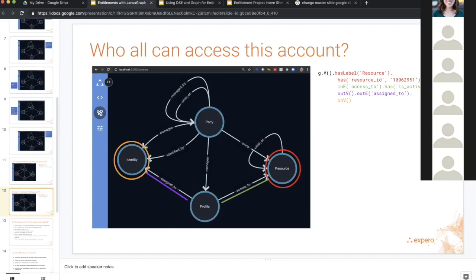So it's important to be able to slice and dice and look through your graph at all these relationships and quickly determine not only transactionally what you have access to, but also from an analytics perspective, what people have access to what resources, and mine the exceptions.